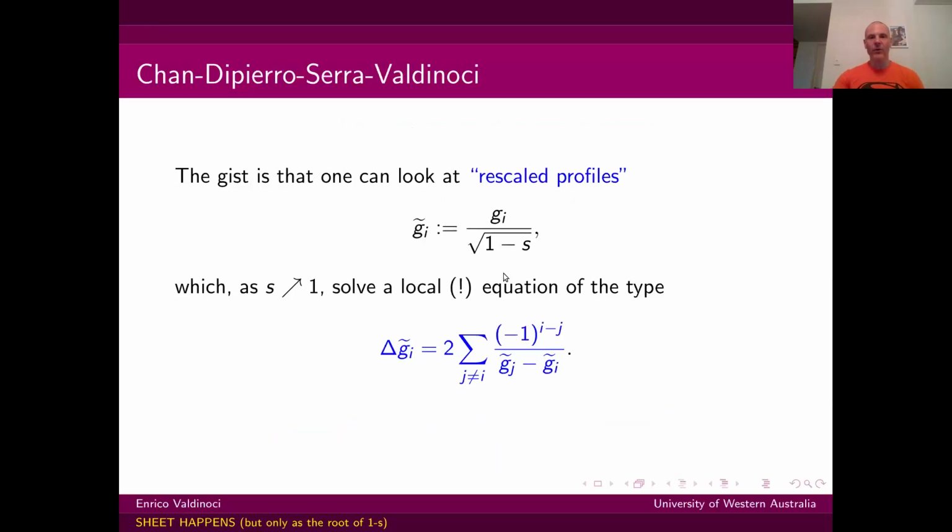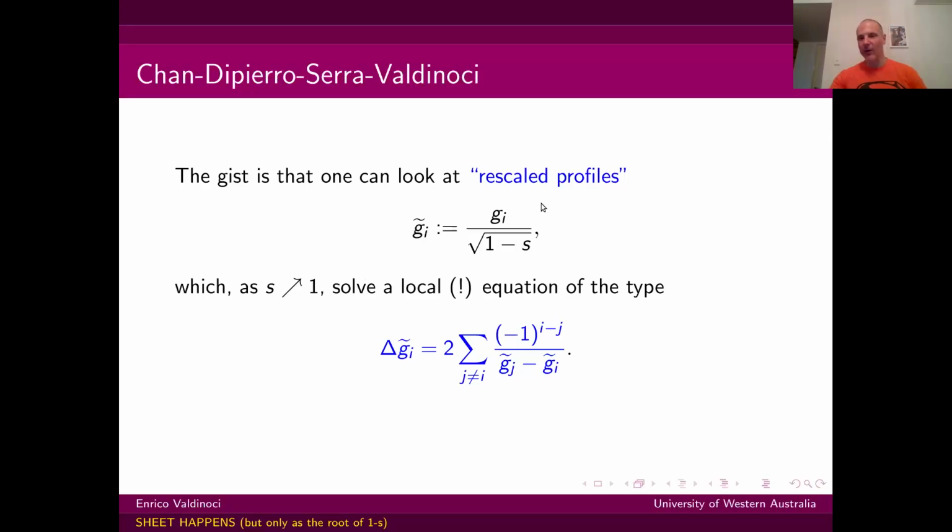If you look at the rescaled profiles, we know that the graphs of the sheets can collapse with the root of 1 minus s. So if you rescale these graphs in order to remove this possible degeneracy, you multiply everything by the inverse of the root of 1 minus s.